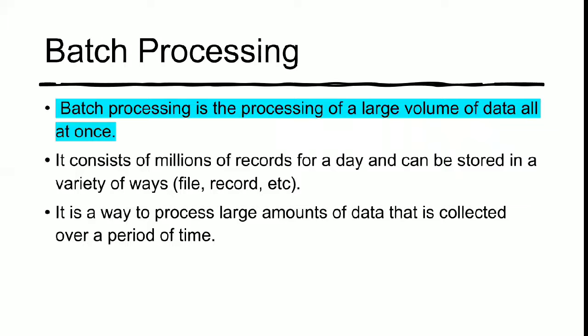Batch processing is the processing of a large volume of data at once. It means data processed in a huge quantity, executing in milliseconds. Batch processing consists of millions of records for a day and can be stored in various ways, like files and records. We can make warehouses and distribute that data into various parts.